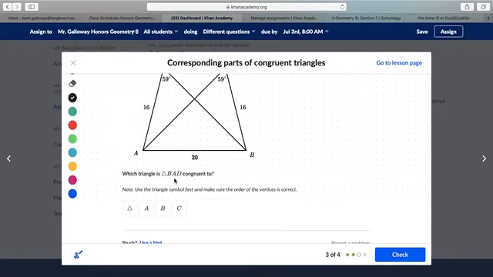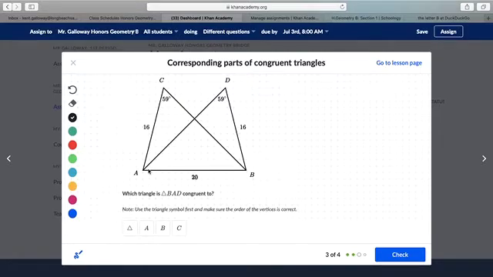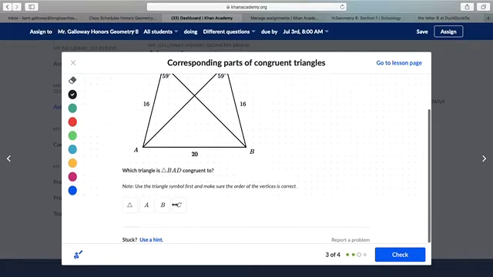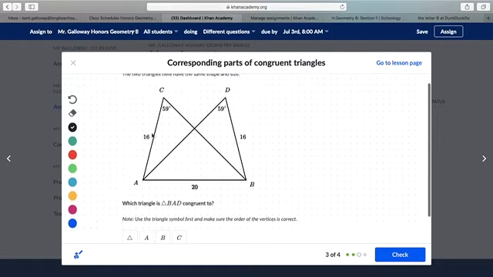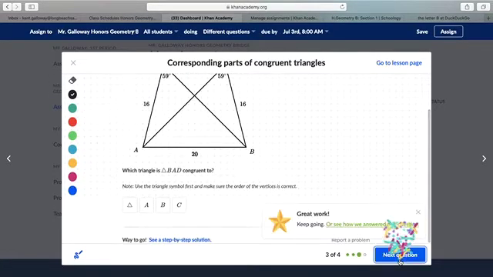BC needs to match up with AD, they match up. And finally, AC needs to match up with BD. They all match up. The first and the third letters of one triangle need to match the first and the third of the other triangle.